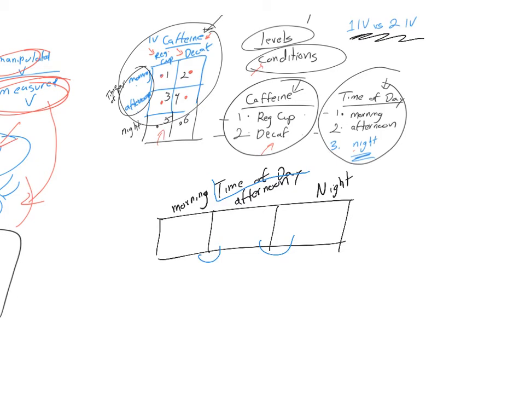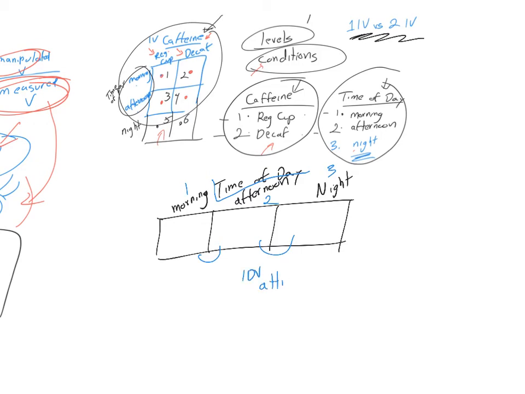Maybe I'm deciding when's the best time to teach this course. This course tends to be very dry and boring, so I want to make sure I choose the best time slot. So that's the situation. But here, okay, again, you have time of day, you have 3 levels, and you don't have a second independent variable in this situation. You just have one IV and one DV.